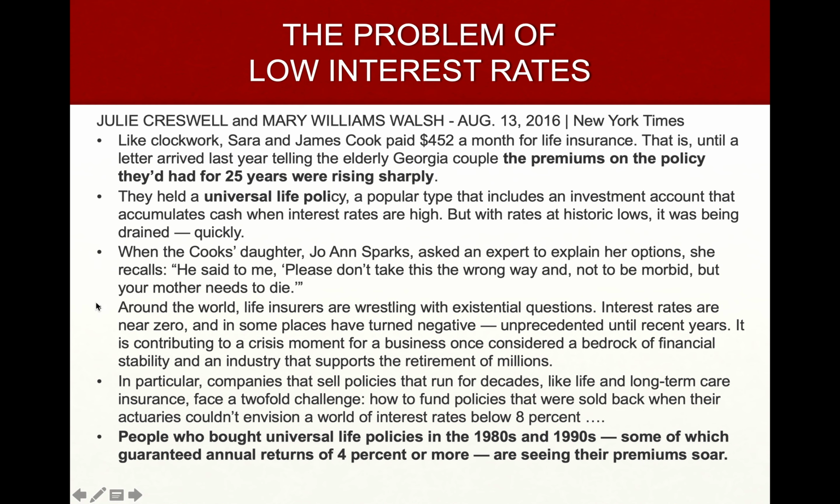Interest rates came down, and all of a sudden they found out that to maintain that policy they had to increase their premiums a lot. People who bought universal life policies, who were guaranteed annual returns of 4% or more, are seeing their premiums soar, because the way they were illustrated a lot of times back then was 10% rate of returns, 13% rate of returns on bond investments.